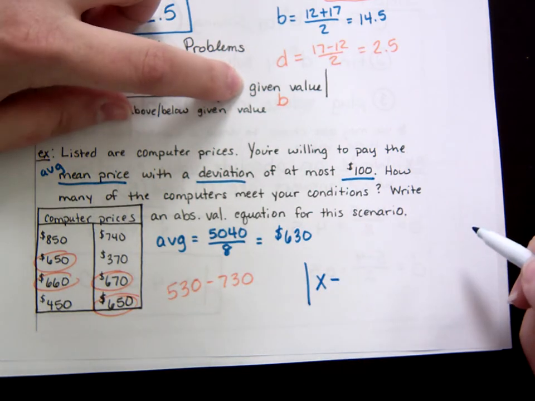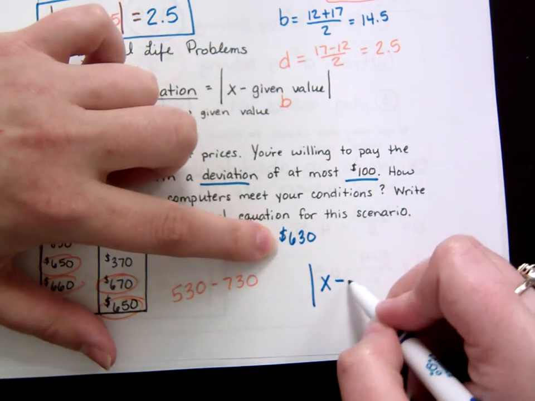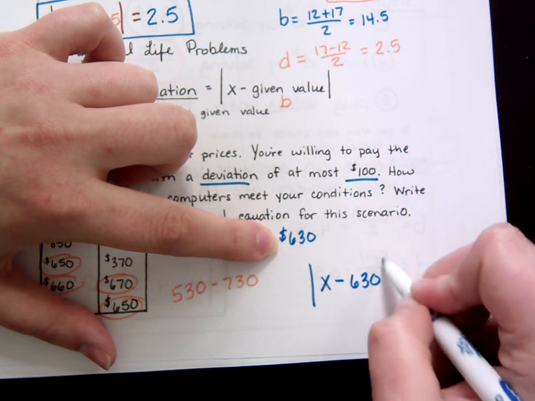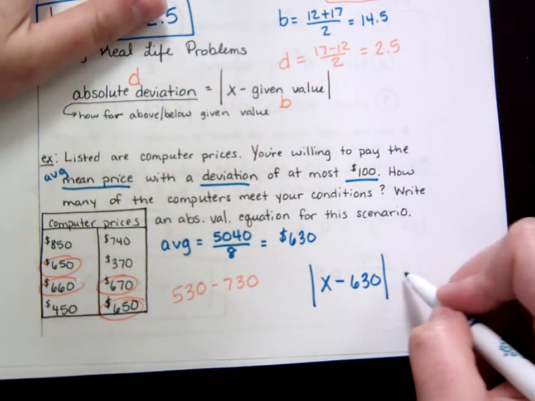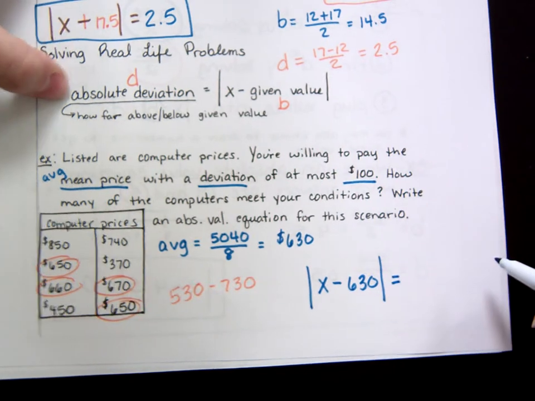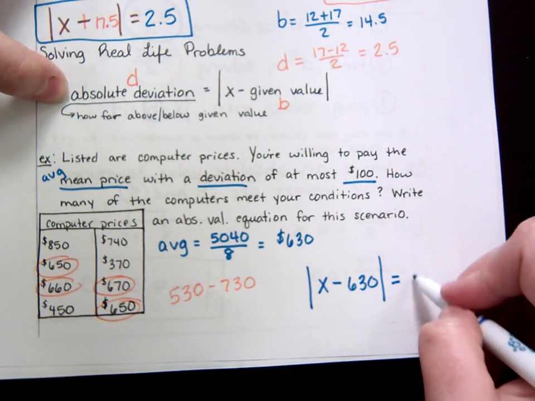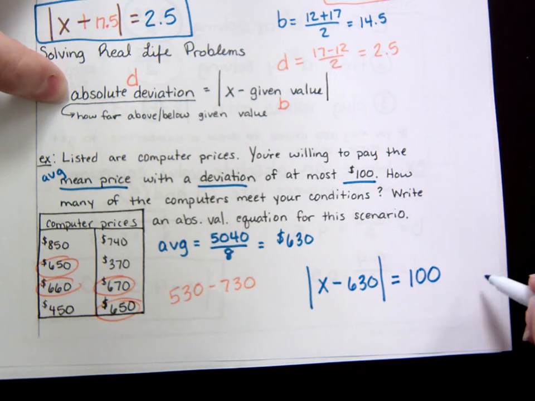Well, our given value is that 630. That's the midpoint. Remember, B is your midpoint. That's what that is. Equals your deviation. Well, deviation is 100. You can go up 100, down 100, anywhere between there.